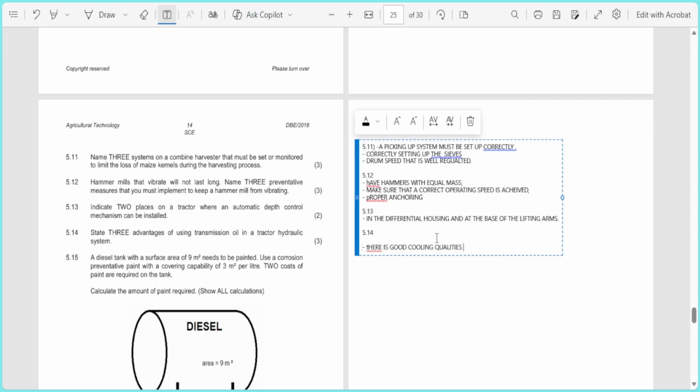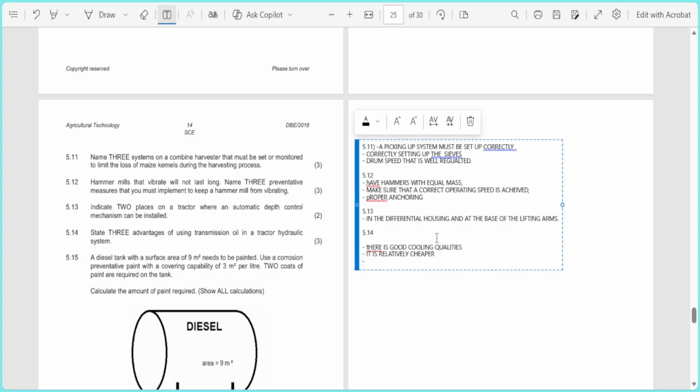Okay, it is relatively cheap, relatively cheaper.